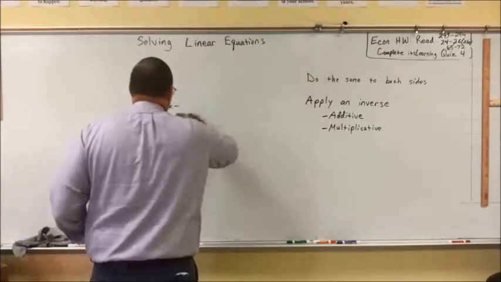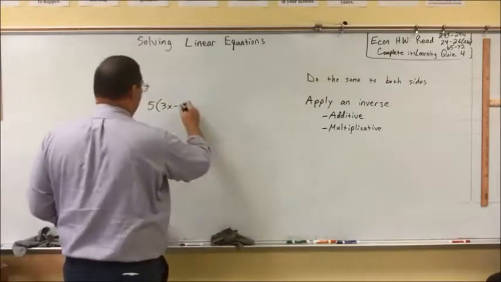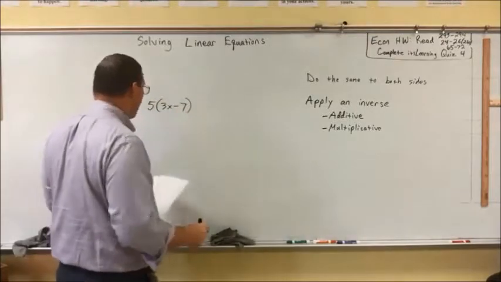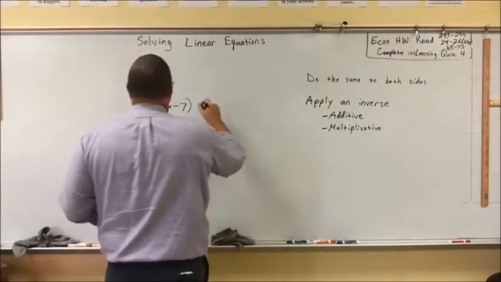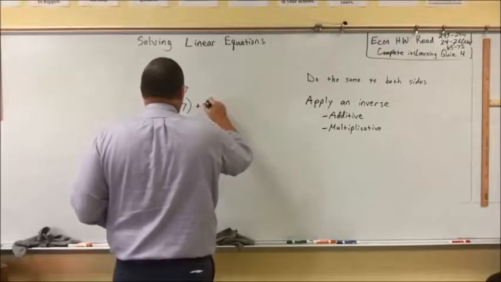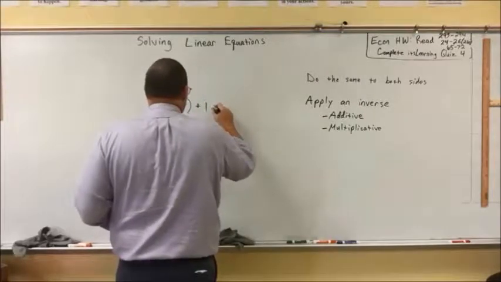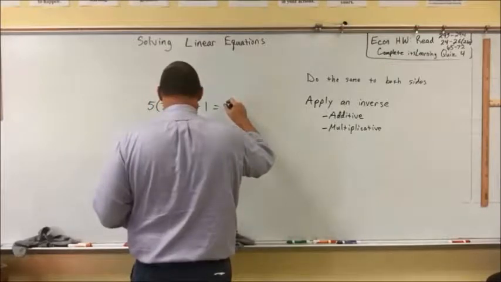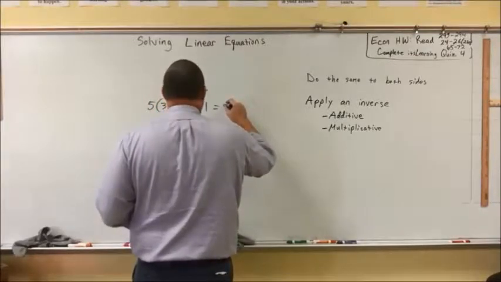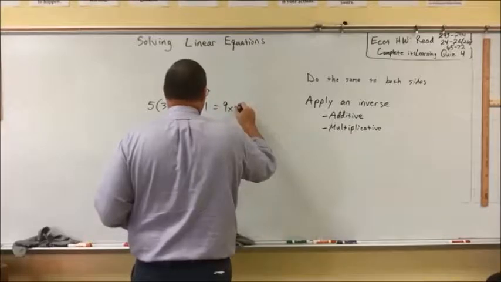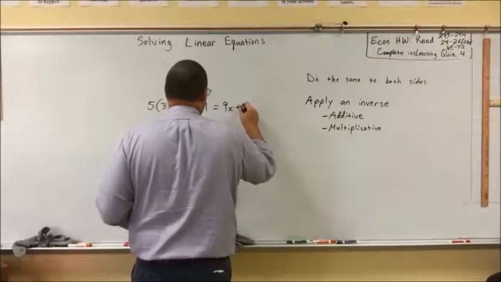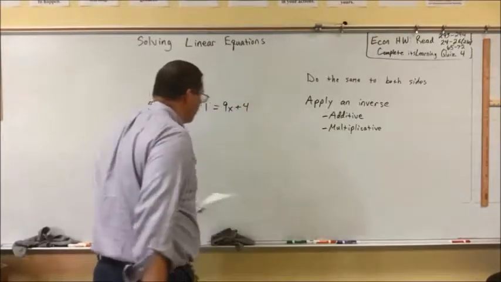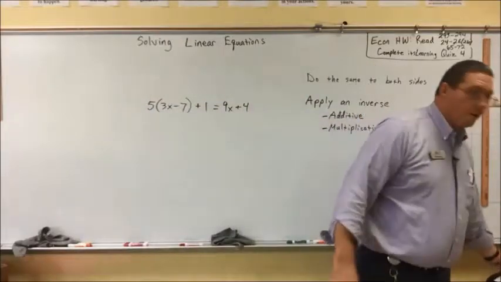I don't like examples where you can factor something out. So let's say 3x minus 7, plus 1 is equal to 9x plus 4. Okay? We've got a lot going on in here.